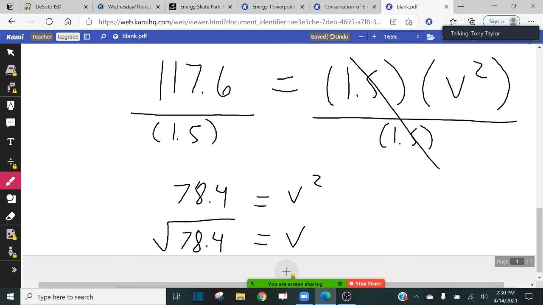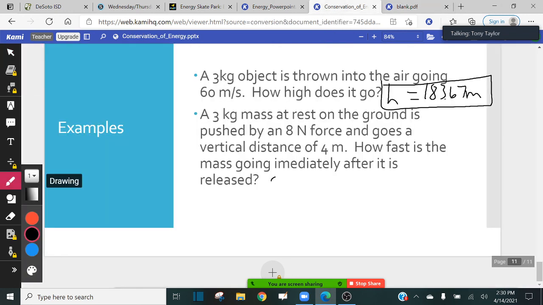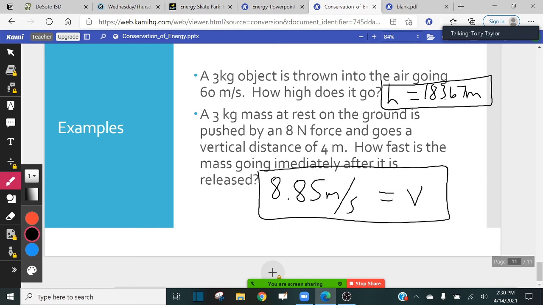So Stephanie said for her velocity, she got 8.85 meters per second. So I always put your units right, 8.85 meters per second. So that's how fast the object was moving the moment it was released and started traveling upward. That was its velocity.